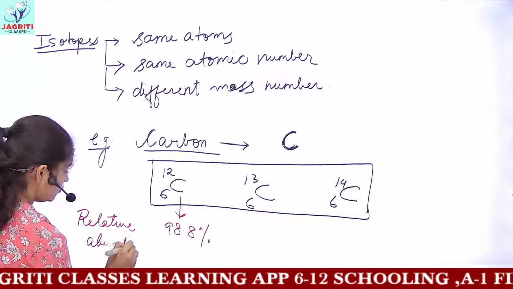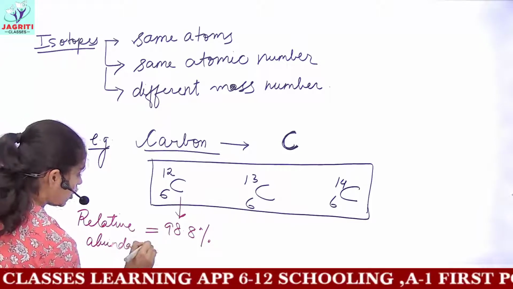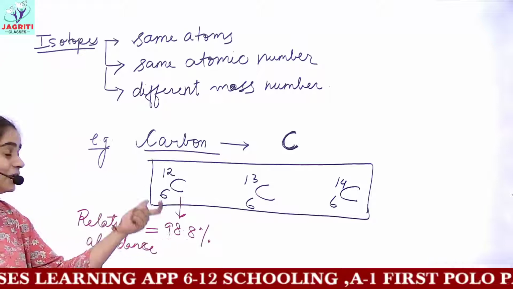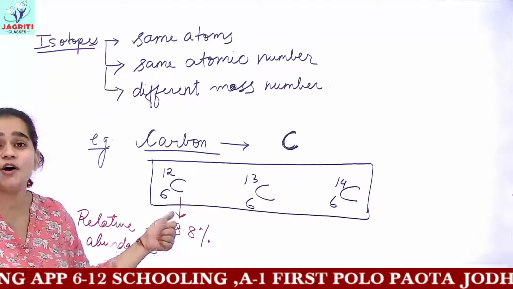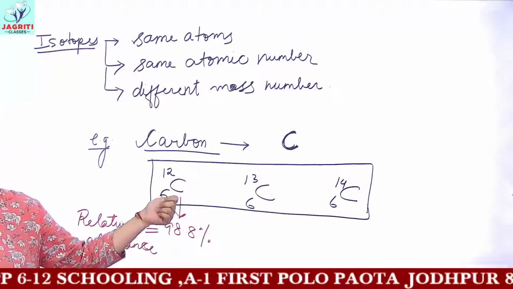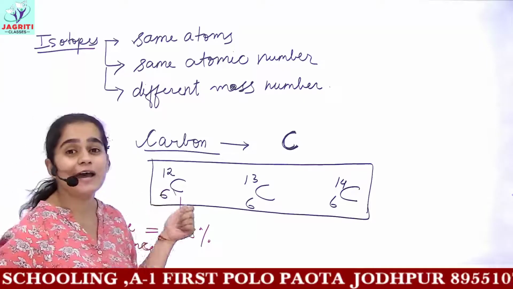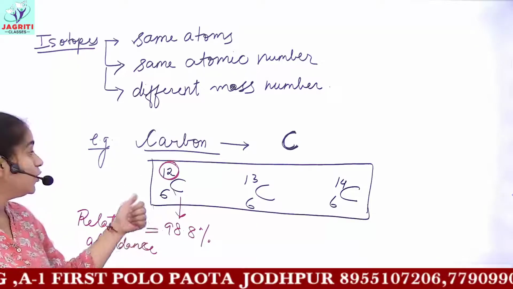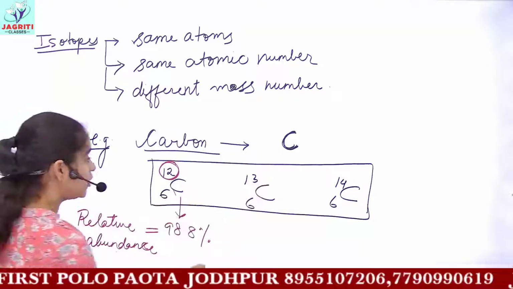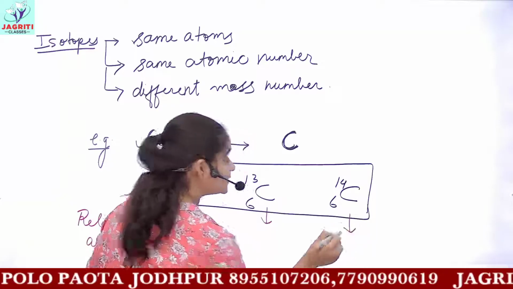That is, if you find a 100 gram carbon sample, then among these three isotopes, 98.8 gram would be the C12 isotope. This is the major reason why we observe the normal mass of carbon to be 12 and not 13 or 14, because their relative abundance is quite low.